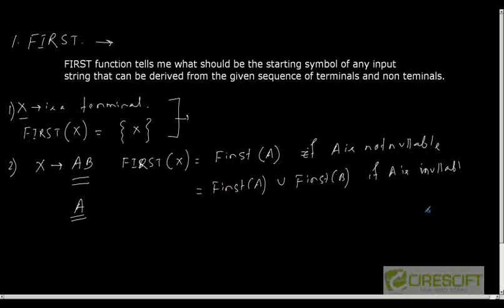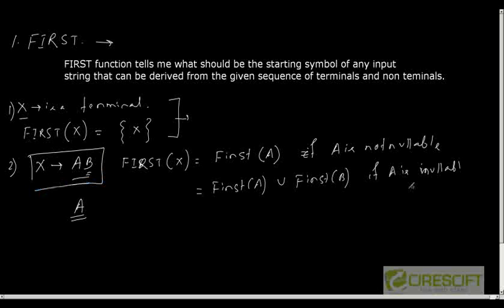But if A is nullable, then I can always generate an empty string first and go to the next symbol, that is B, and hence it will be first of A union first of B. Any input string that contains an input symbol which is in first of A or in first of B can be generated by this production.